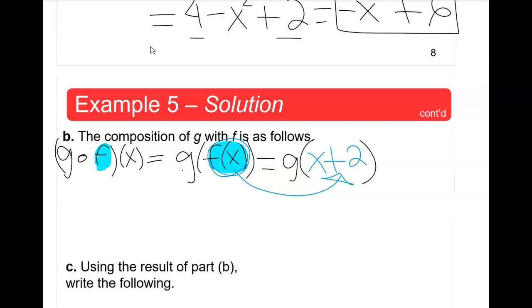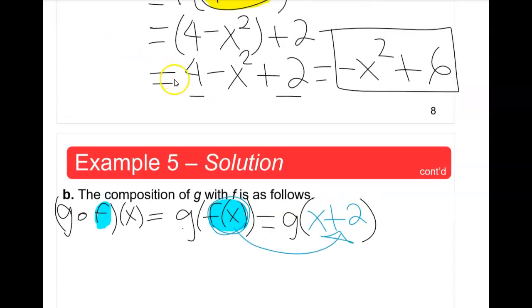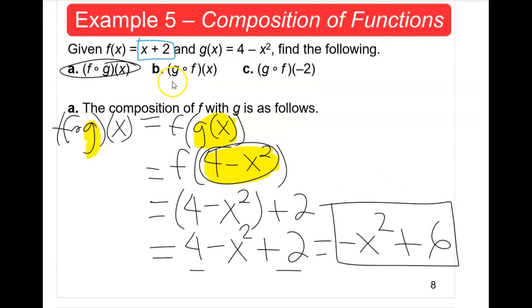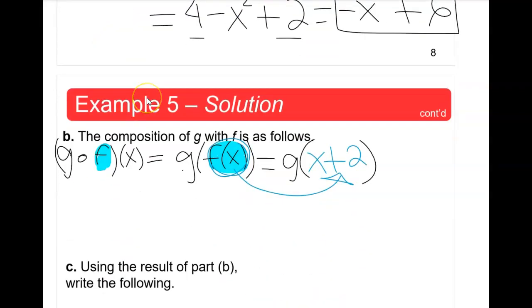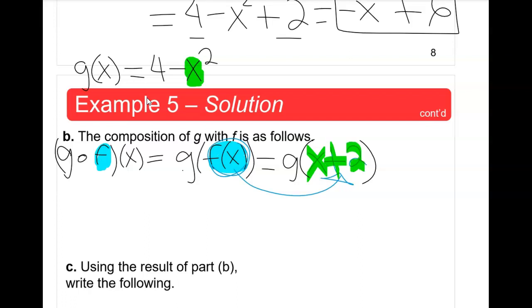Now, function g is 4 minus x squared. I'm going to write it down here so I don't forget. 4 minus x squared. So now what we're going to do is that in place of this x here, we're going to replace that with x plus 2.